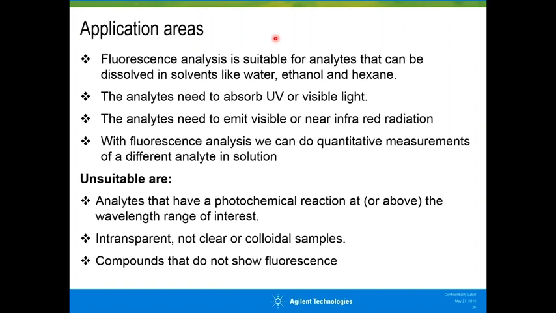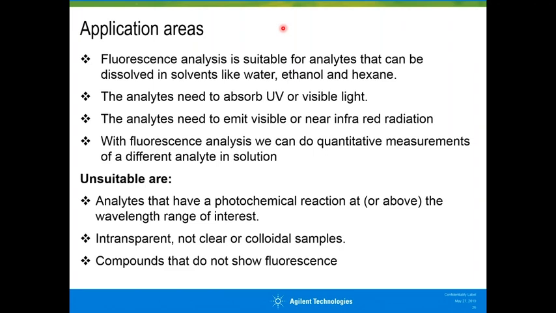Some important attributes to know before you decide to test any sample using a fluorescence spectroscopy technique. These analytes should be UV absorbing. It's not necessary that they fluoresce normally, but they should be UV absorbing species. That means you should be able to detect these samples through your UV detector as well.